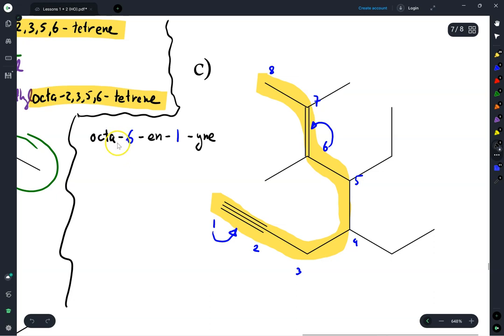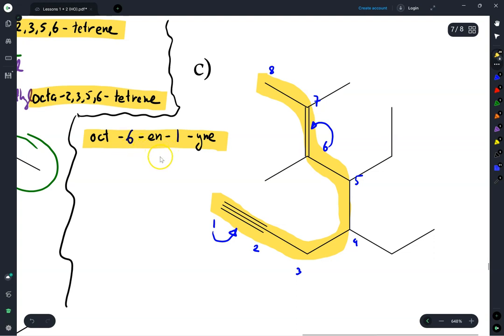It's just some students ask why they see it in the textbook with the A sometimes and why they see it without the A sometimes. Like I said, I think based on what I've seen anyway, if you see the A and the E, two vowels side by side, typically remove the A from the prefix itself. All right, so keep it on, keep it off. Doesn't make a big difference. I won't deduct marks for this. It's very, very minor. All right, so that's our parent chain and the proper counting direction.